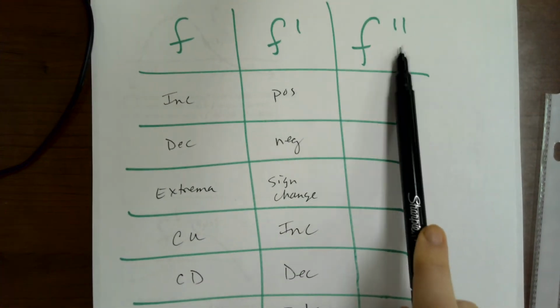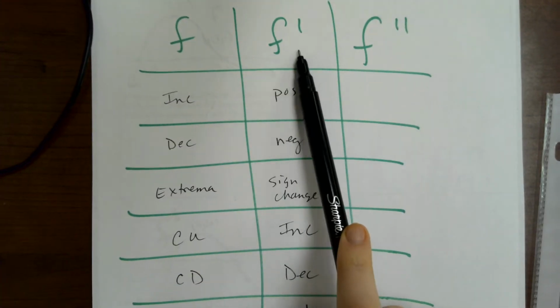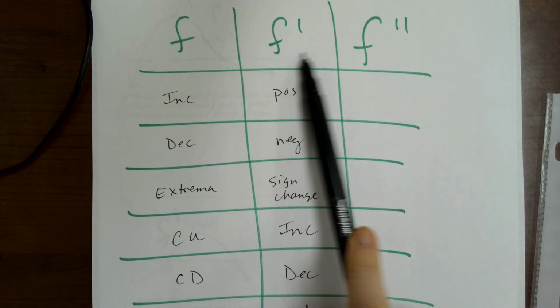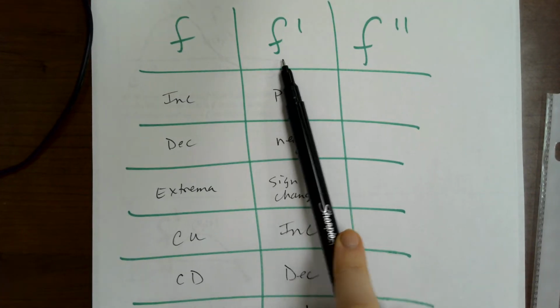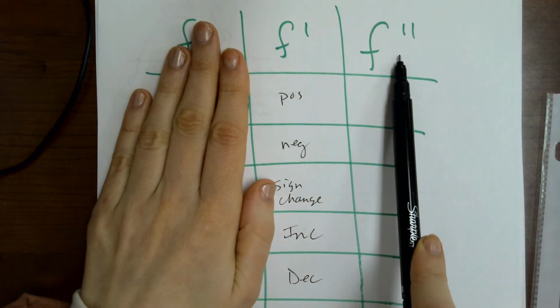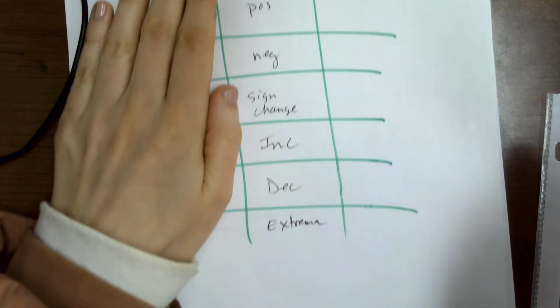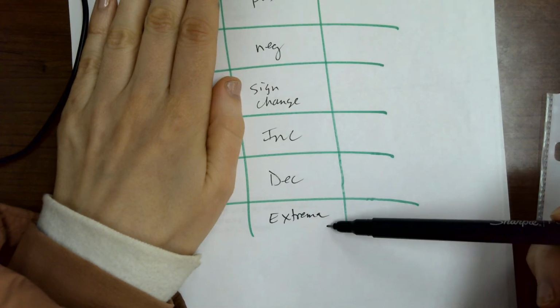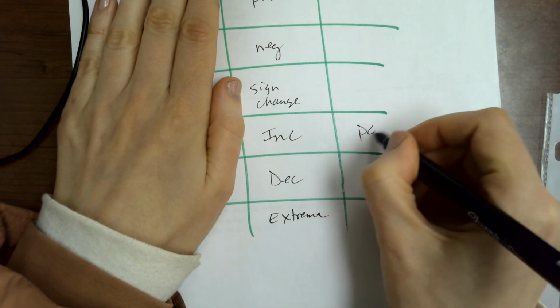And remember, F double prime is just the derivative of F prime. So now, if you think of F prime as the original and F double prime as the derivative, well, then this increasing, decreasing, extrema part just repeats itself.